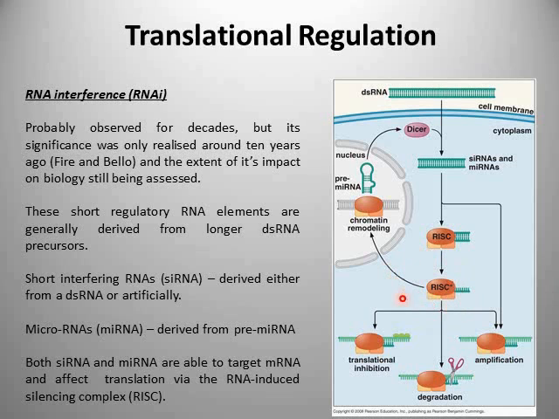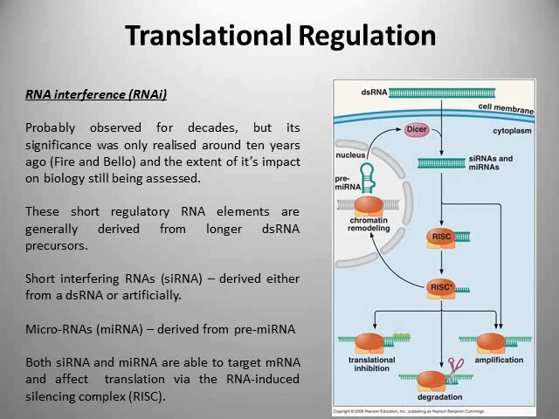There are very clear examples of this happening in lower eukaryotes such as yeast, where we know that RNA interference is important in silencing particular regions of the chromosome. There's less evidence of this at the minute in mammalian cells, but one or two examples are starting to emerge in the literature.